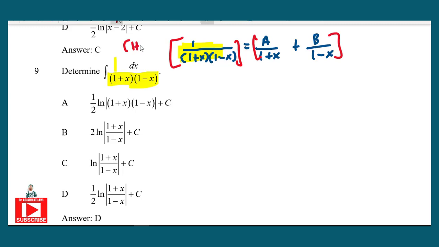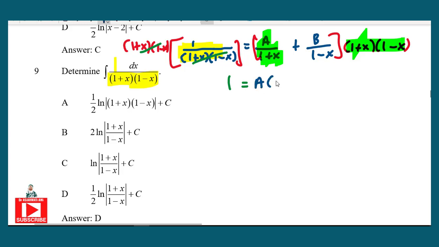Okay, times (1 plus x)(1 minus x) to both sides. This one cancels, get 1. Okay, this term times this, cancel 1 plus x, get a times 1 minus x, plus b times 1 plus x.